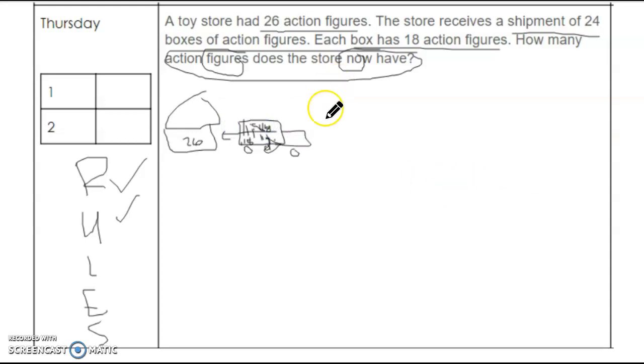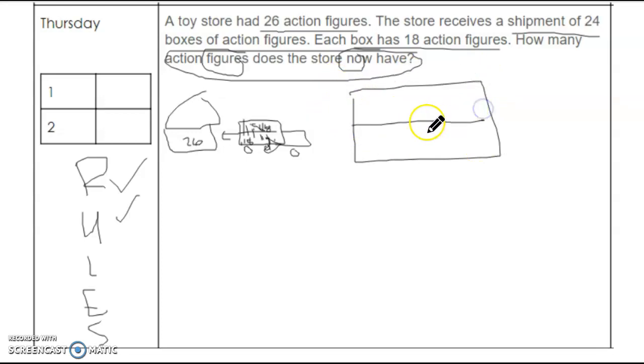Okay, so now let's make our strip diagram. So the first question we ask ourselves is, do we have a total? No. That's exactly what we're trying to find. We're trying to find our total number of action figures. Now, groups is a little bit interesting because we started with 26, and then we gained an additional 24 groups of 18.